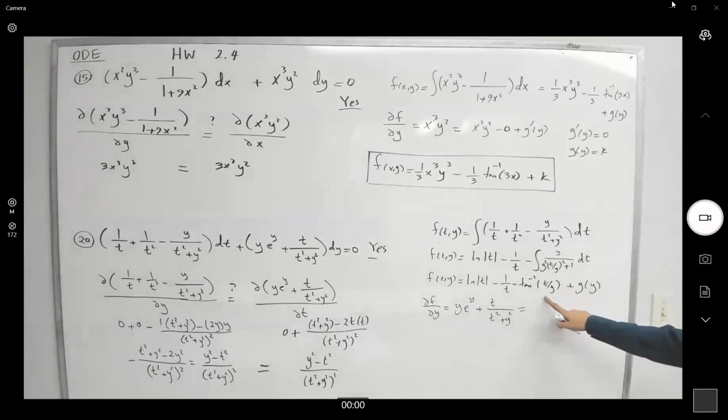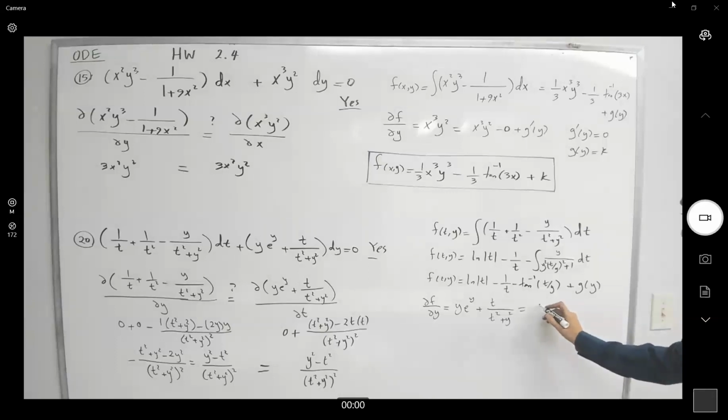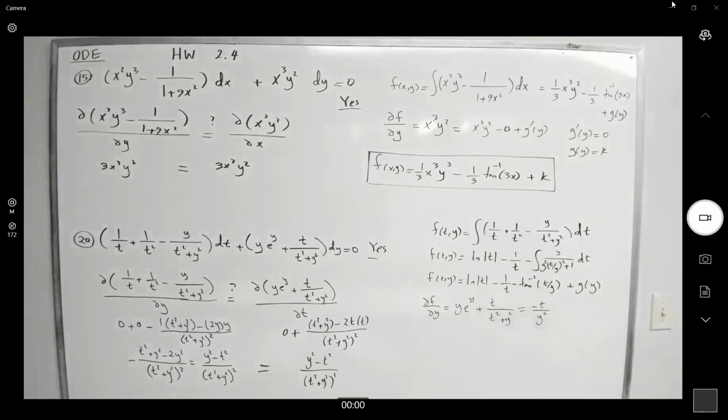Let's take the derivative. With respect to y, it becomes negative t over y squared times 1 over 1 plus (t over y) to the second power, plus g prime of y.